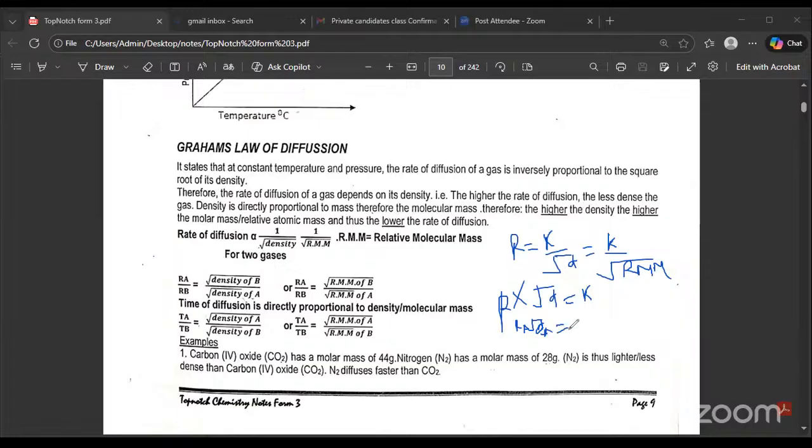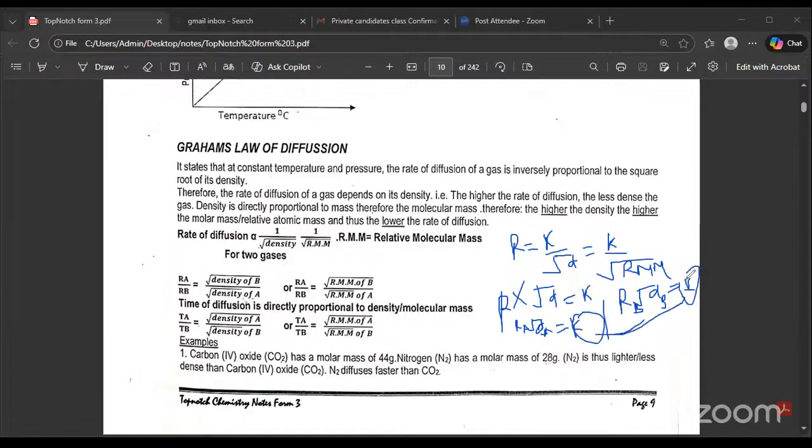This is equal to K. Another gas B, I want to explain how this one is coming to be. We'll have RB, the rate of diffusion of gas B, multiplied by the square root of the density of gas B, which is also equal to what? A constant.